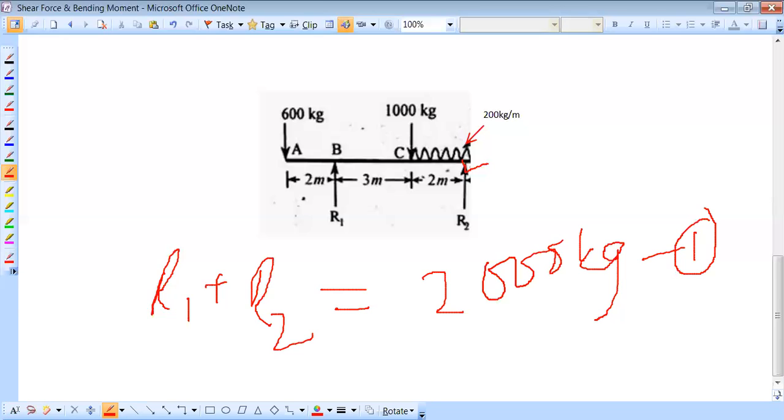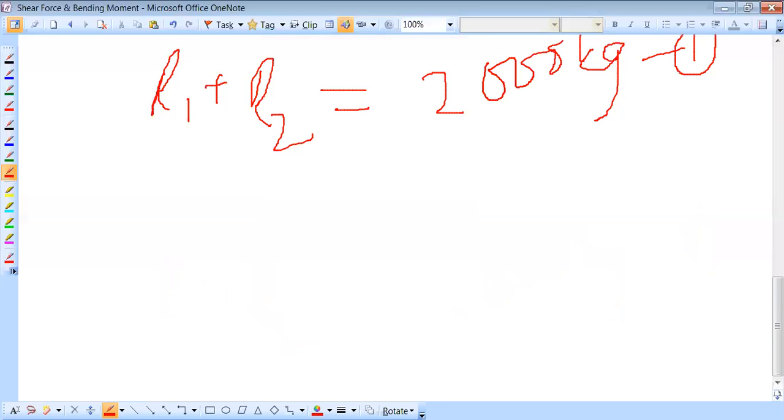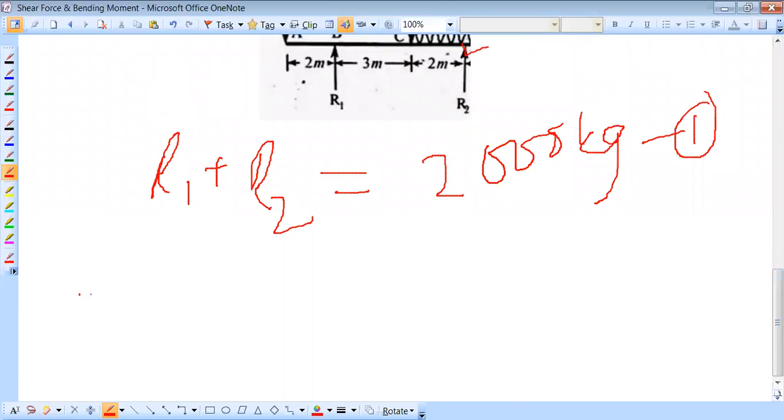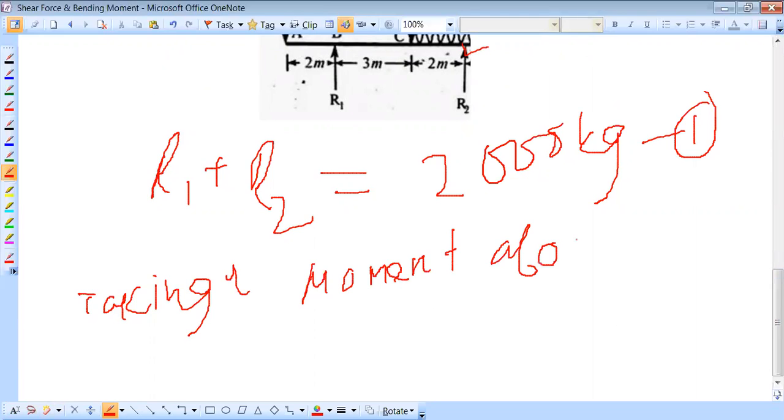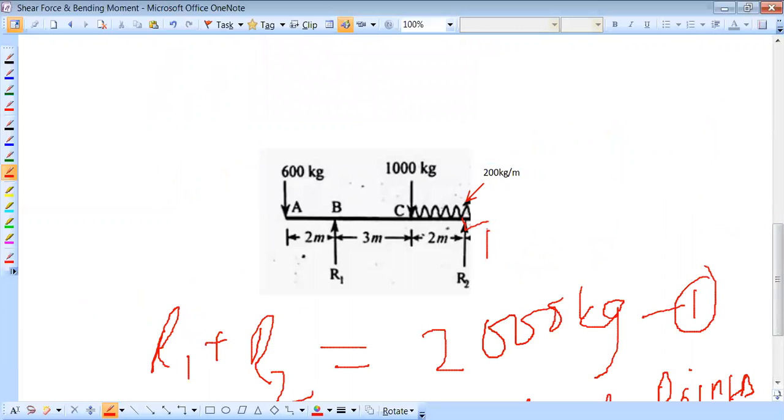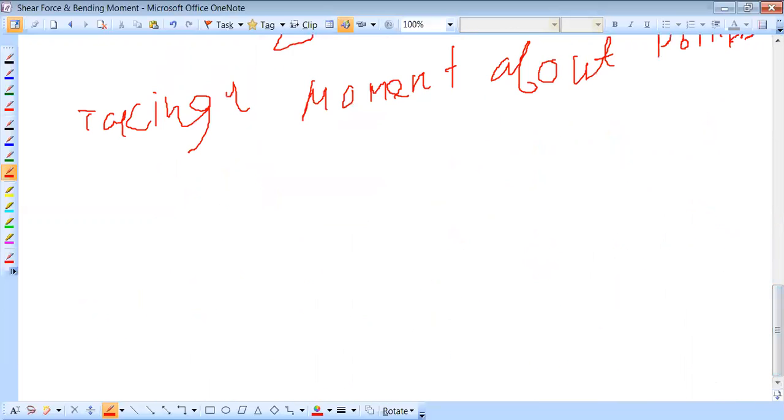This is equation number 1. Now we need another equation to find R1 and R2, so we take moments about point D. That means we take moments from this point, looking at the figure.